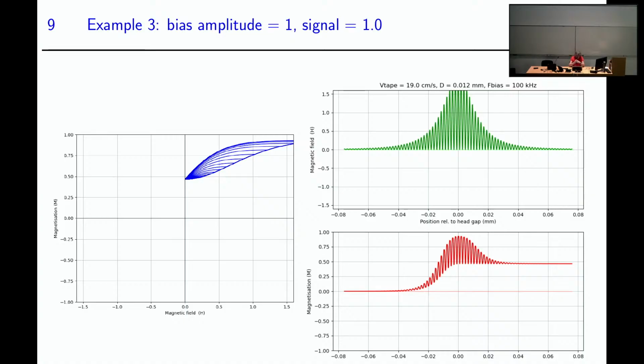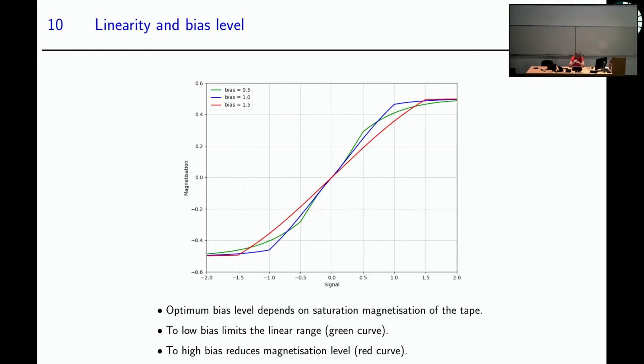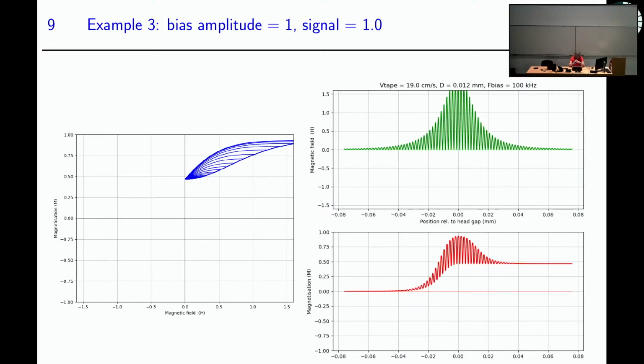As long as we have low frequency signals, we could pre-compute the relation between the signal value and the final value of the magnetic signal on the tape. It's a 1-to-1 relation for low frequency signals.